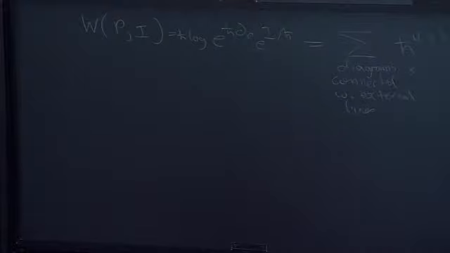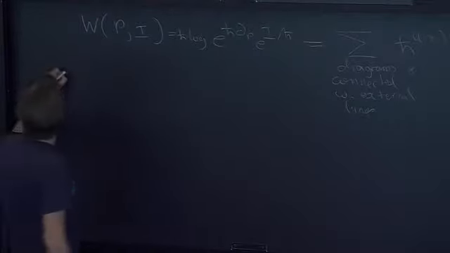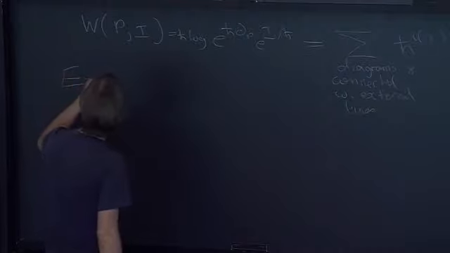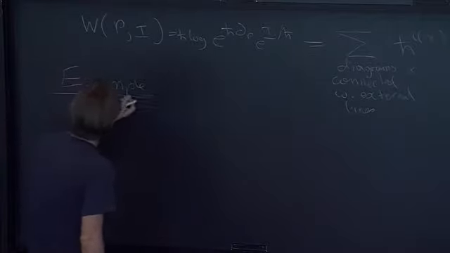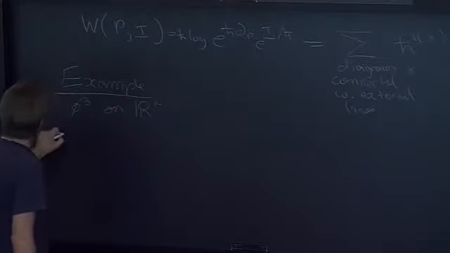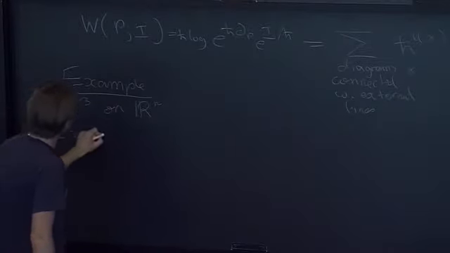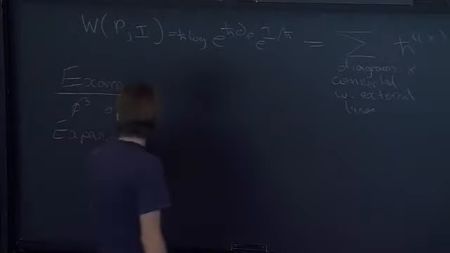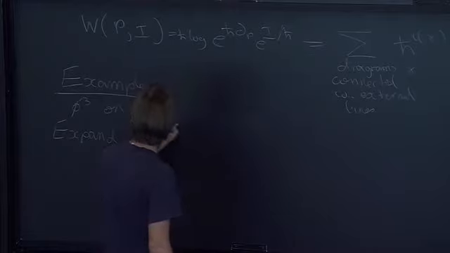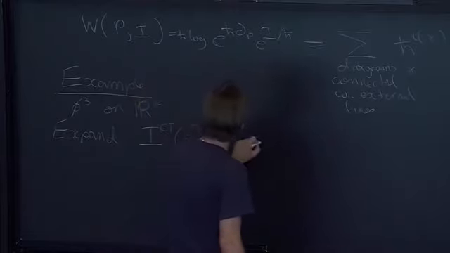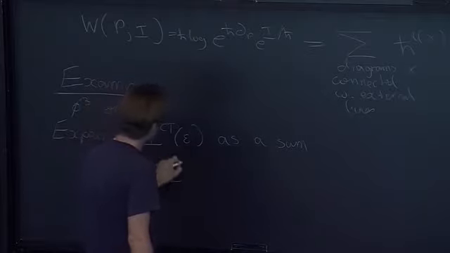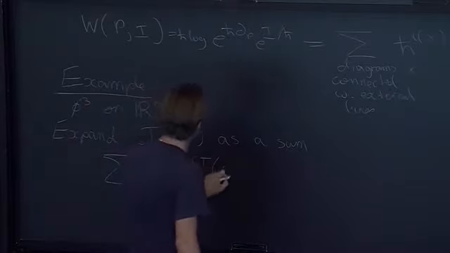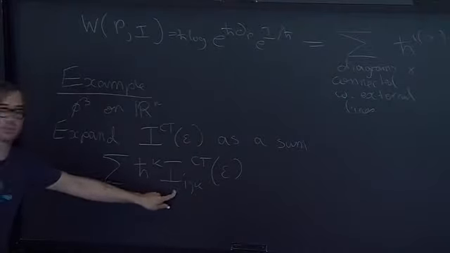Let's see. So the calculations we did earlier, for example, let's consider the phi cube theory on R^n, and we'll expand as a sum where this I index refers to the number of external lines.